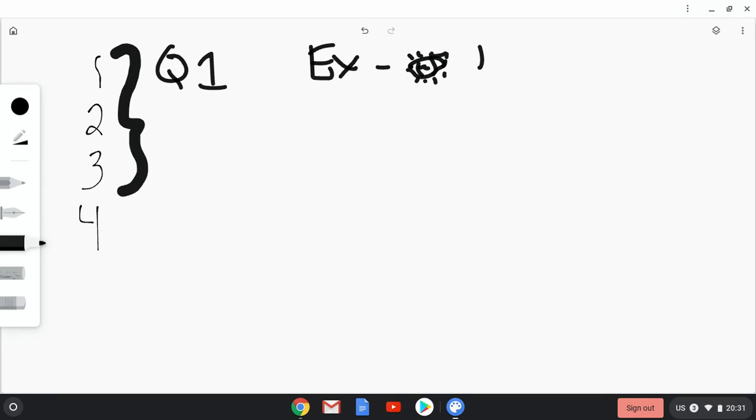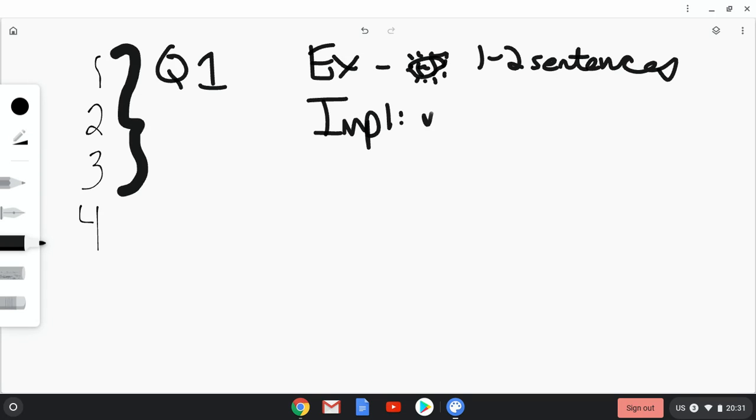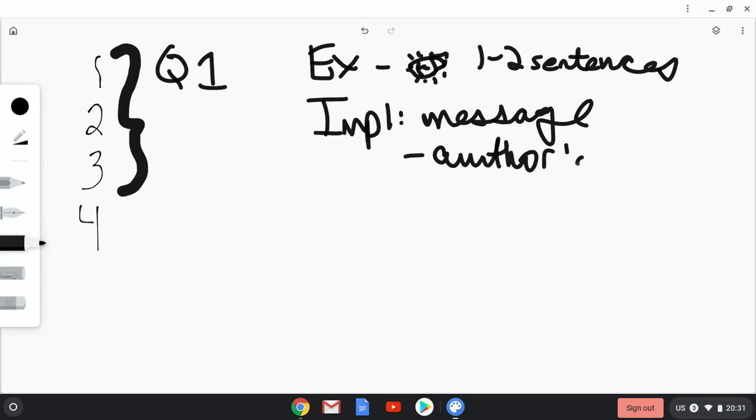So this should be 1 to 2 sentences. Next, we have the implicit. So this is the message. What does the whole thing mean? What is the author saying? Or the author's opinion? Explain and elaborate. The explicit lets you know what the implicit message is.